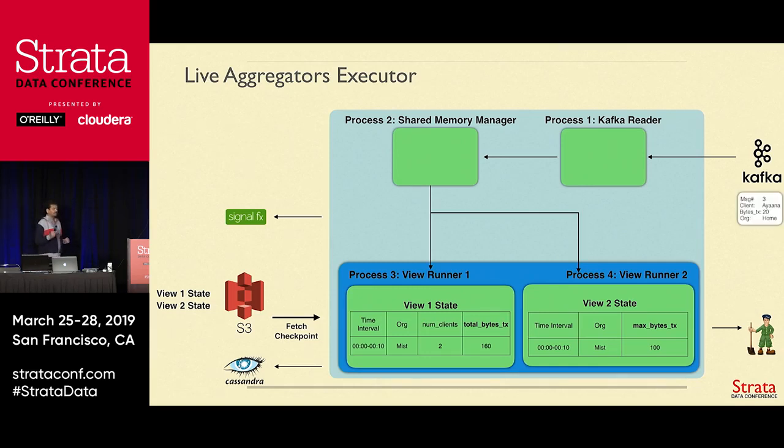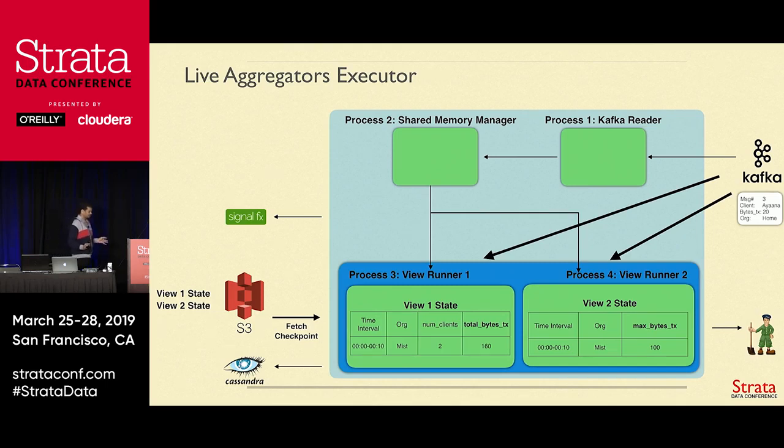Then the Kafka reader will start reading from message 3. So these views are not repeating any work and not duplicating the messages read from Kafka. We are trying to minimize that as much as possible. You can see here that checkpointing is the key for failures like these.